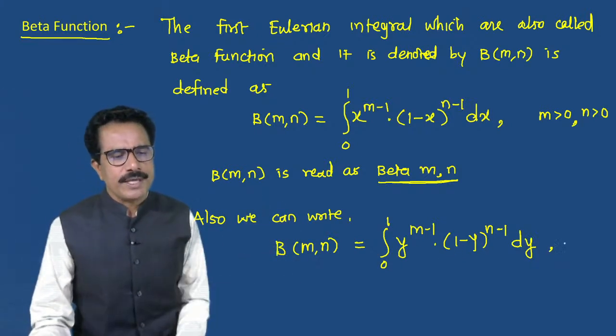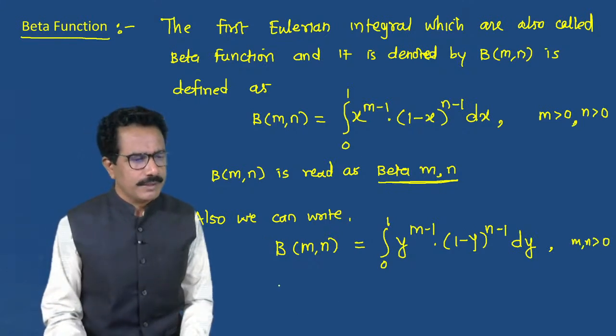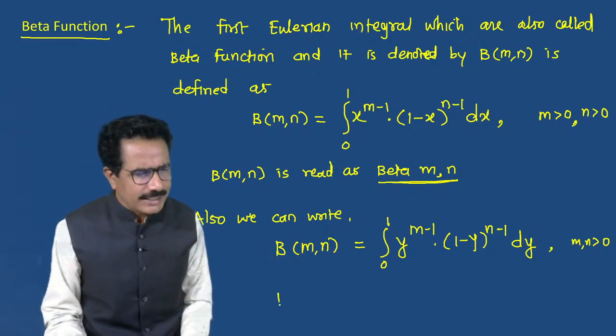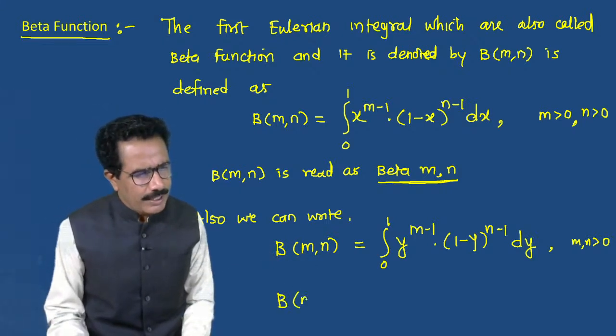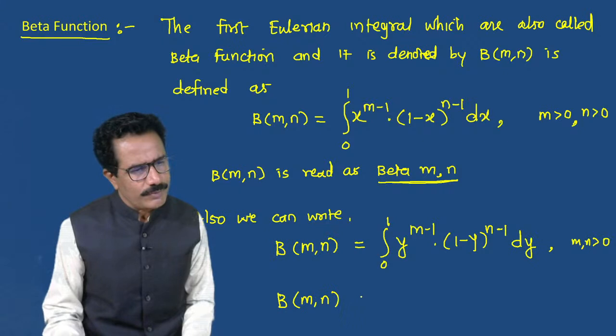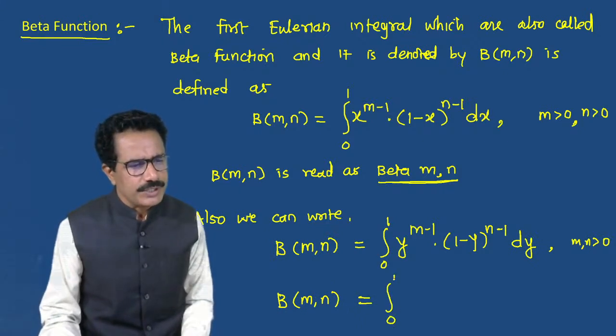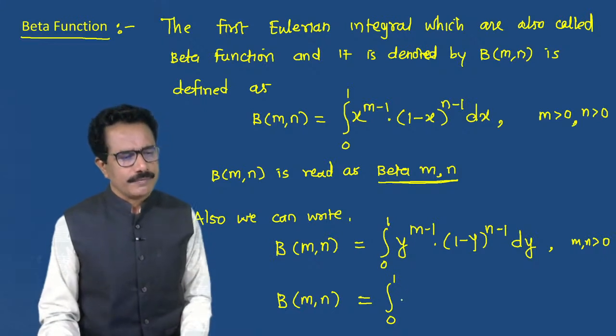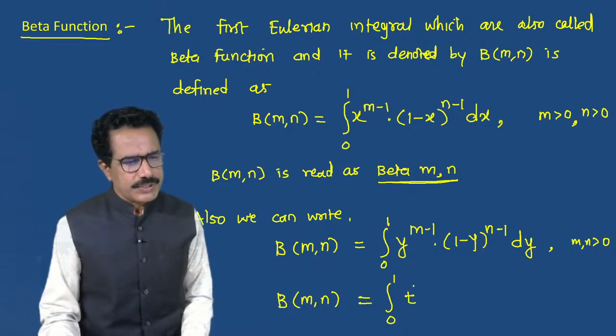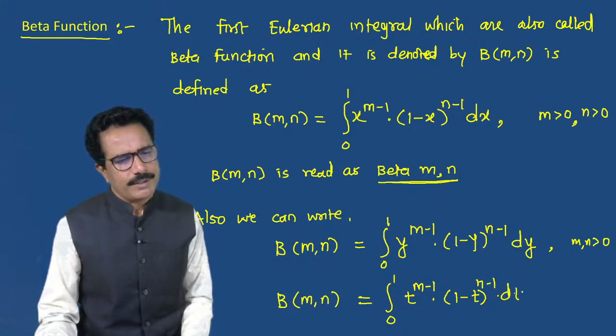Here also m comma n greater than 0. Also we can write in another variable t, beta m comma n is equal to the integral from 0 to 1 of t raised to m minus 1 into 1 minus t raised to n minus 1 dt.